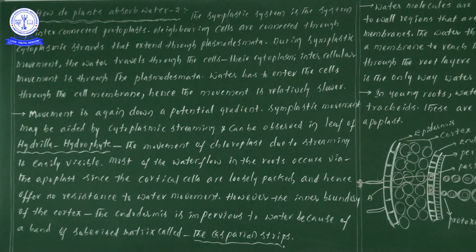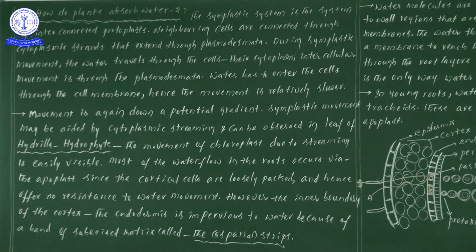The water molecules are translocated through the protoplast. Protoplast means the liquid present in the cell. Neighboring cells are connected through cytoplasmic strands that extend through the plasmodesmata.